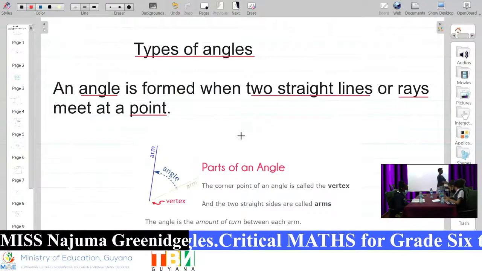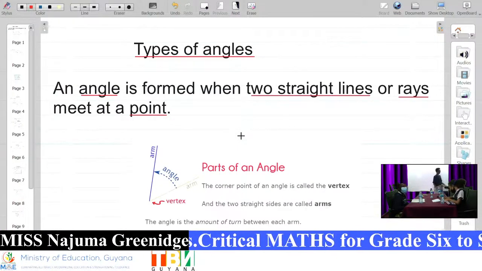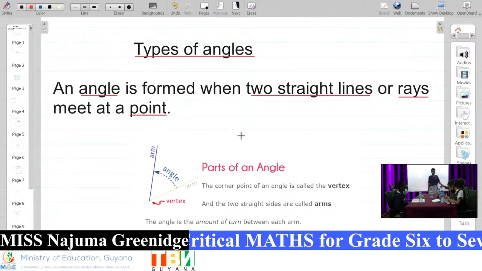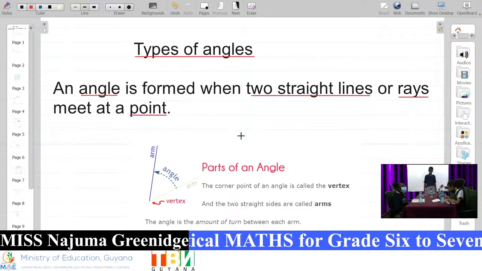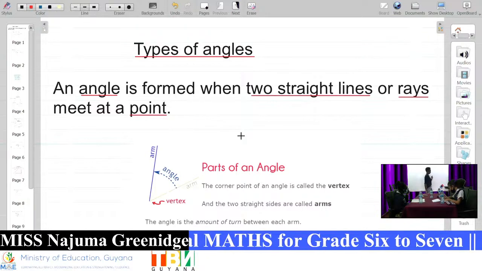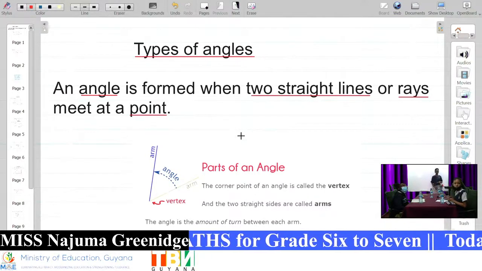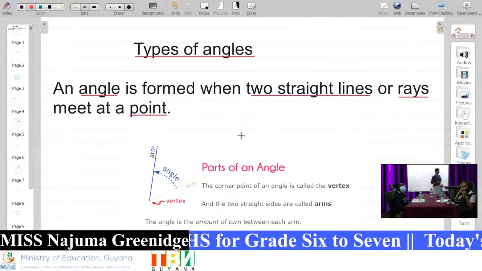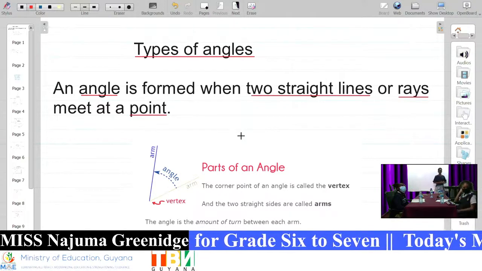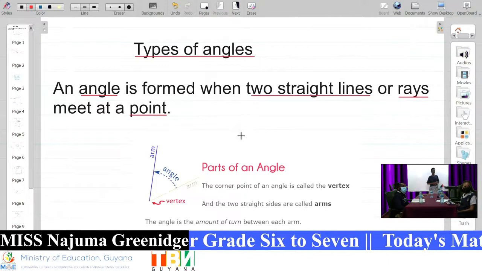All right. So an angle is formed when two straight lines or rays meet at a point. That is what I was depicting with our manipulative here. We were looking at parts of an angle. We have two straight lines or two arms, and where the two arms meet, we call that a vertex.